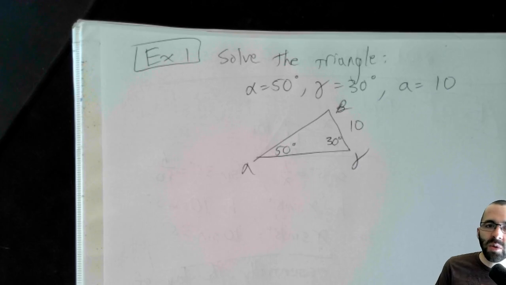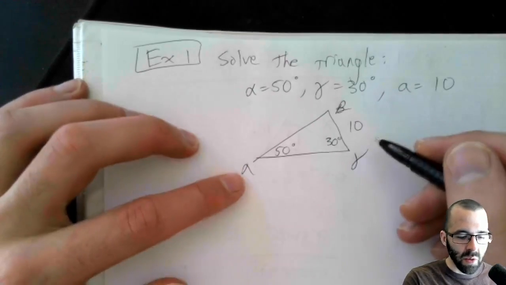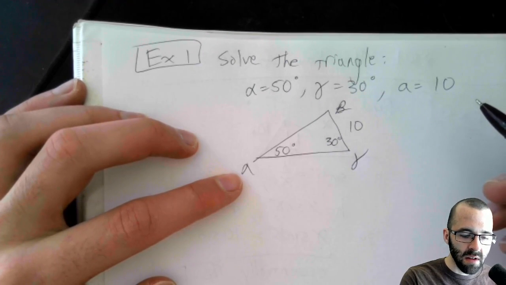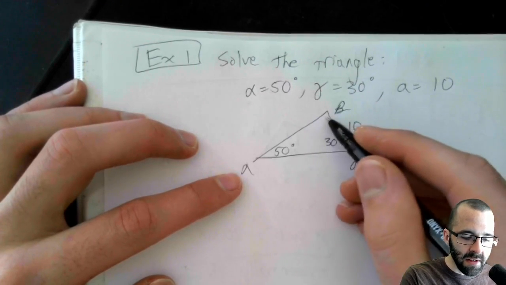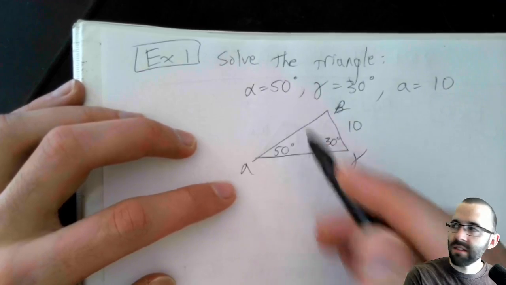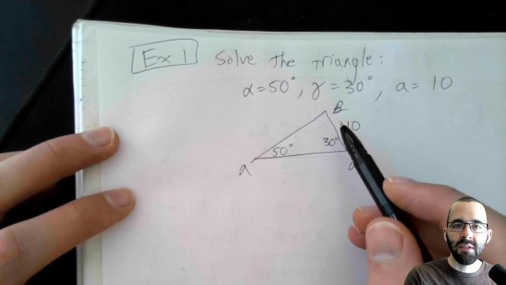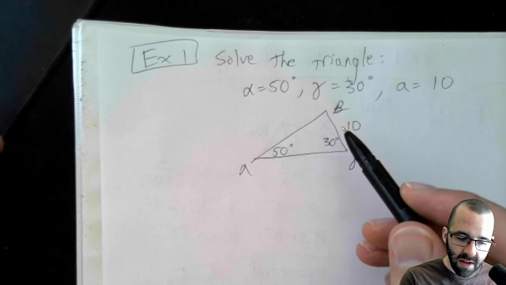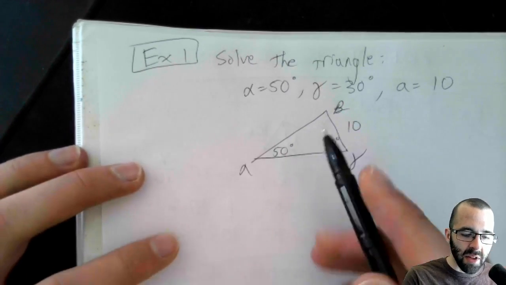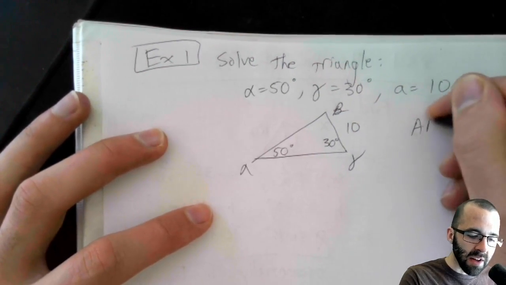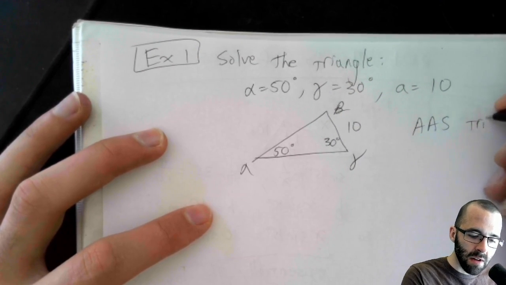All right, and if there are any questions, feel free to interrupt and let me know. So, what do we have here? Well, we need to find this angle and these two sides. But notice that this angle is super easy to find. You don't need law of sines at all. This is, by the way, what we call an angle-angle-side triangle.